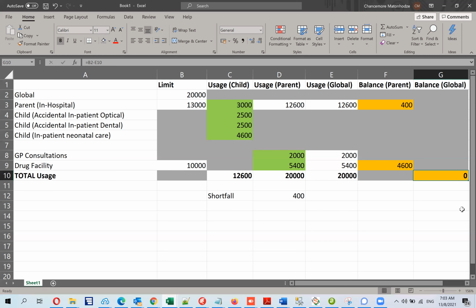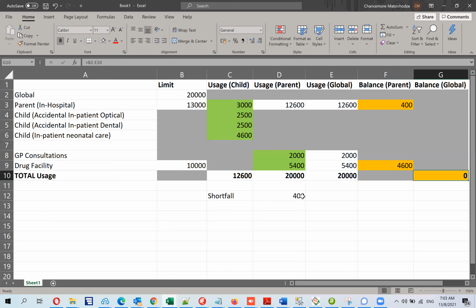It's actually in favor of the member, because it's trying to protect the member from themselves, from using all their benefits through one channel only, and then therefore not really experiencing the broad nature of their package.